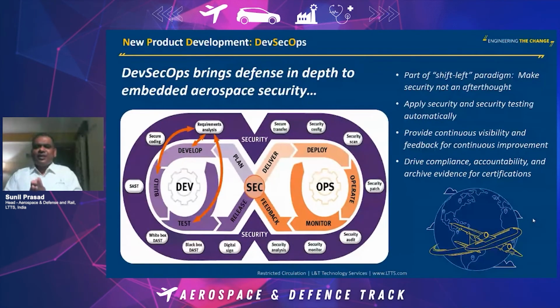But the key to make sure that it costs right and we do the overall development in the right manner is that cybersecurity is not somebody else's job. Someone else will not come in and do a completely different set of documentation, some completely different set of development. No, the entire development process has to be together, and as part of the DevOps, you will have to do DevSecOps, and that's the key in the aerospace world for a new product development.